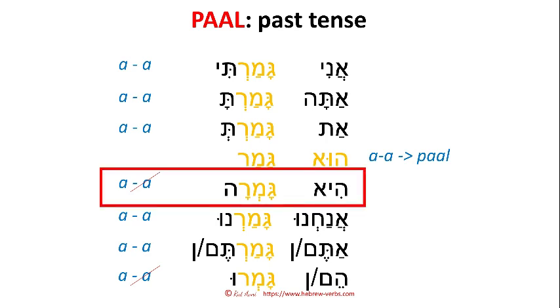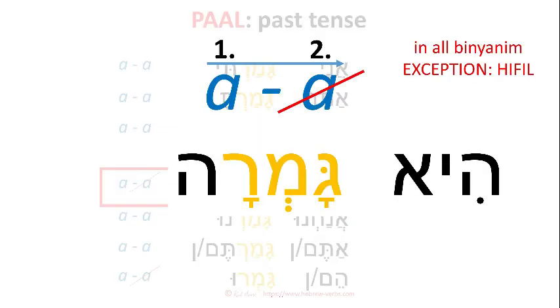Well, those 2 presents never have a second vowel. Except in PIEL, this is where we keep the second vowel. Let me explain. What we see here is he, gam, ra. The first vowel is this one here, below the gimel, ga. The second is gone.